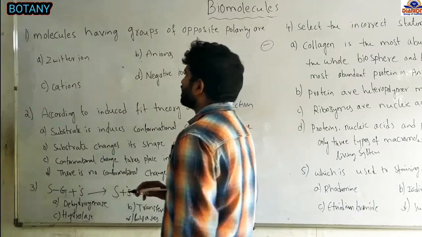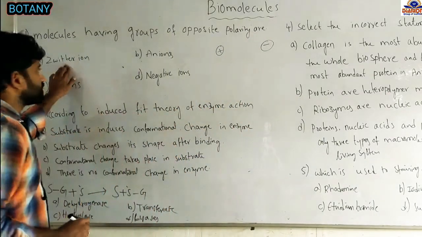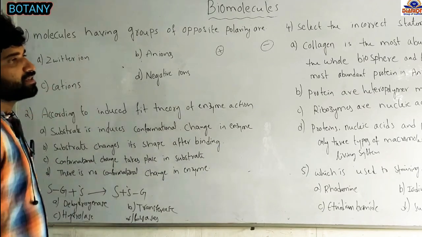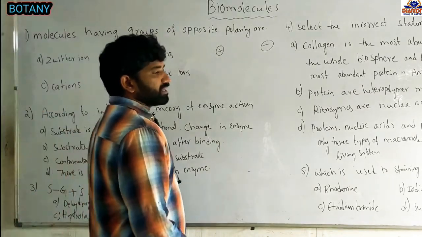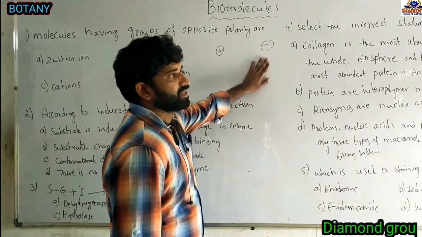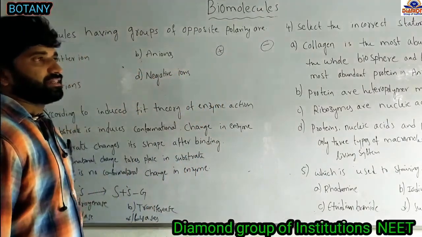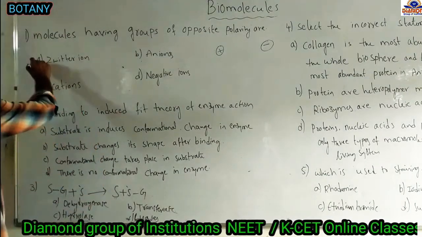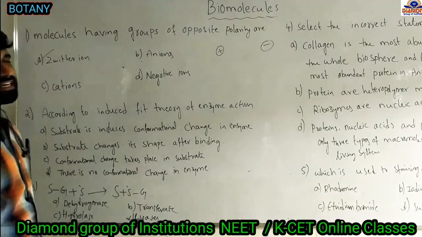The options given are zwitter ions, anions, cations and negative ions. Molecules that contain both positive charge and negative charge, that is, both anionic nature and cationic nature, are called zwitter ions.